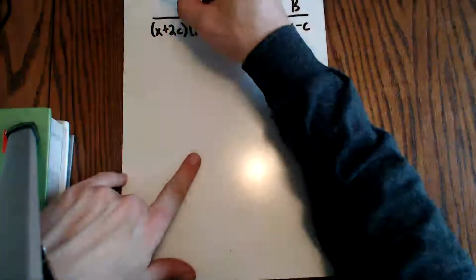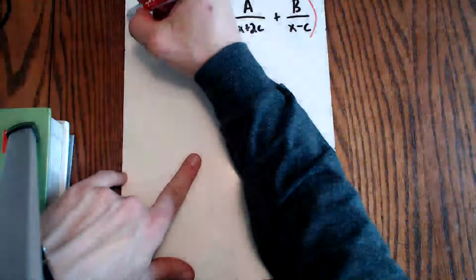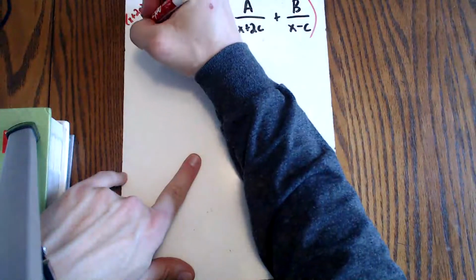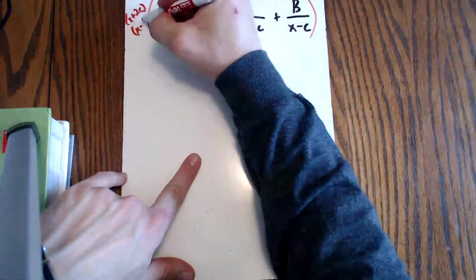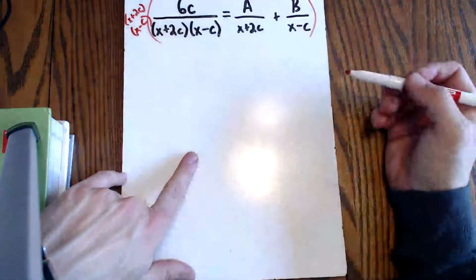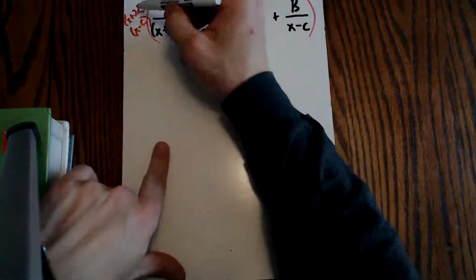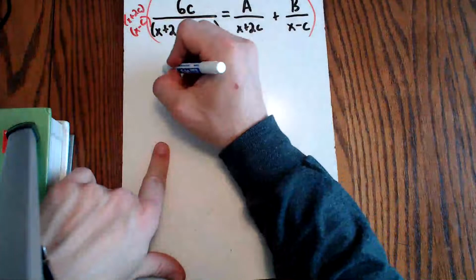Then remember, we take the whole big mess and hit it with a times both factors, times x plus 2c and times x minus c. And let's see the fallout. So fallout on the left side is both things go choo-choo, and then you're just left with 6c.